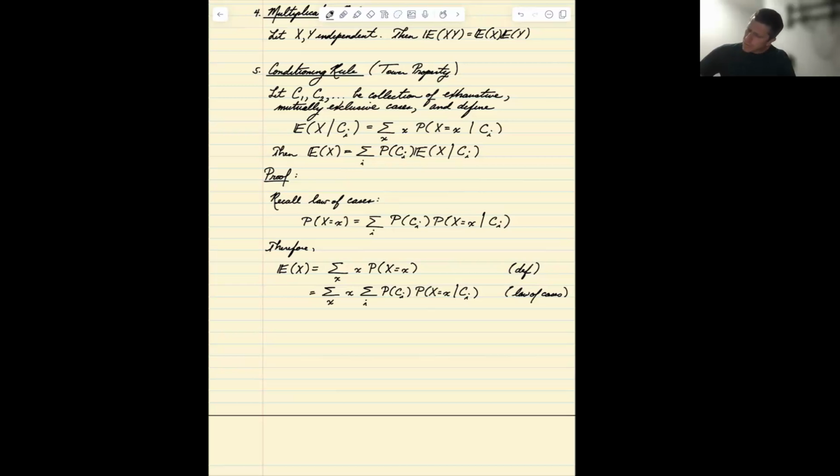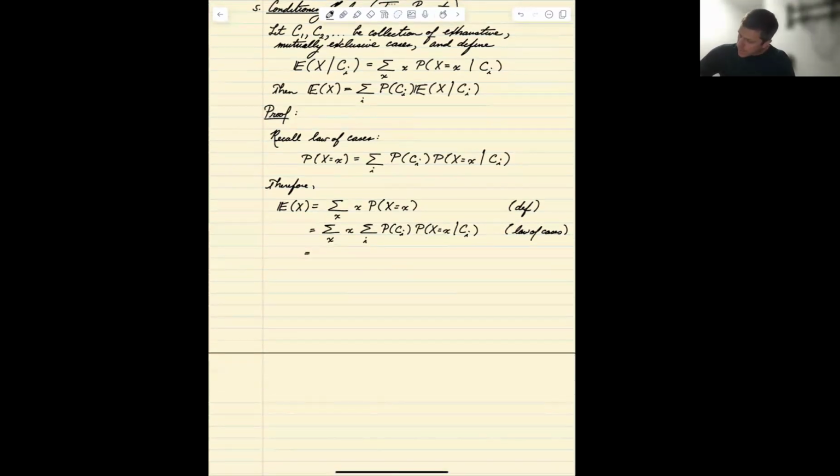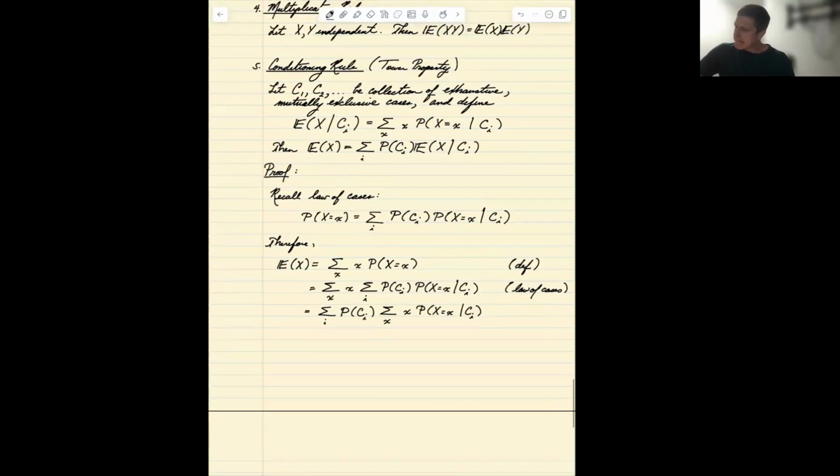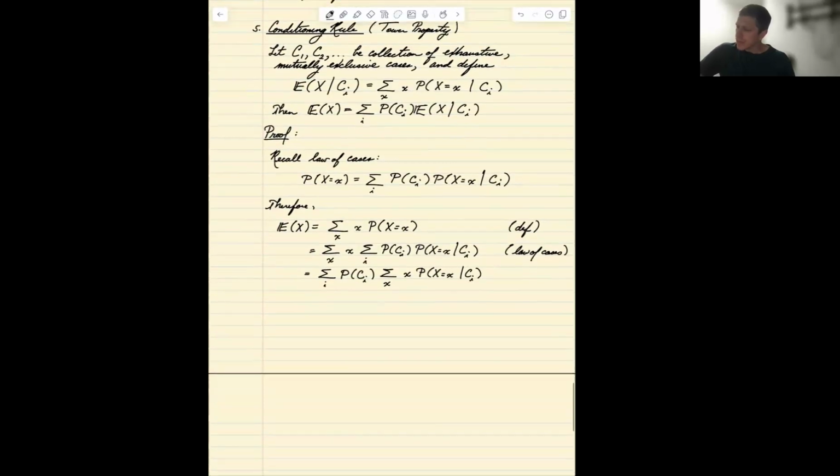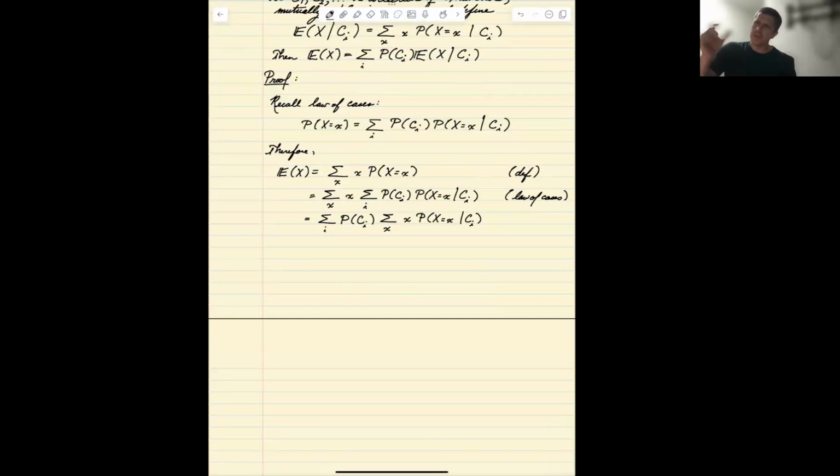Next thing we do is we switch the order of sum. So we sum over i first instead of summing over x. This allows us to write probability of Ci, and then we sum over x, x times the probability that X is equal to x given Ci. This is allowed here because, well, this is a little bit of a switcheroo, but in a lot of cases you can switch the order of the sum.